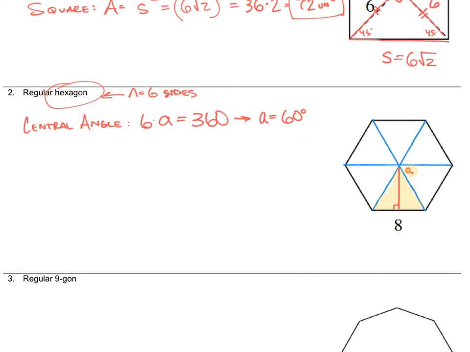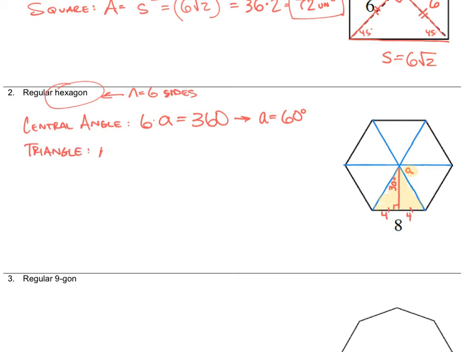If the central angle is 60 degrees, I know that this angle here has to be 30 because that splits that central angle in half. I also know that this little piece right here is 4 and this is 4 because these two have to be congruent. So now I'm in the step of analyzing that central triangle.